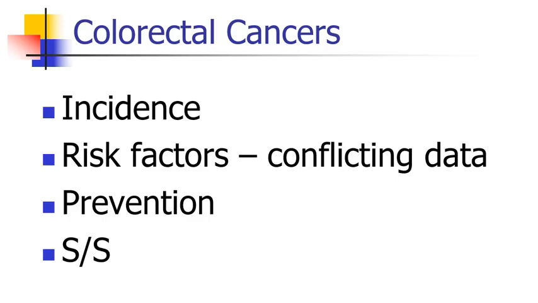The signs and symptoms are, again, very vague and non-specific, kind of dull abdominal pain, maybe a little blood in the stool, and the person's asking themselves, oh, is that from my hemorrhoids? And they say, yeah, it's from my hemorrhoids, and they kind of ignore it. Changes in their bowel habits. Usually what gets people to the hospital is extreme anorexia, weight loss, anemia, fatigue, that sort of thing.